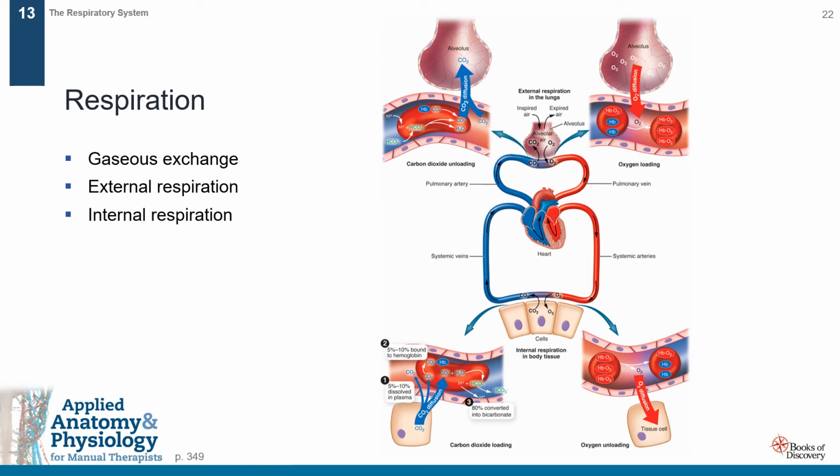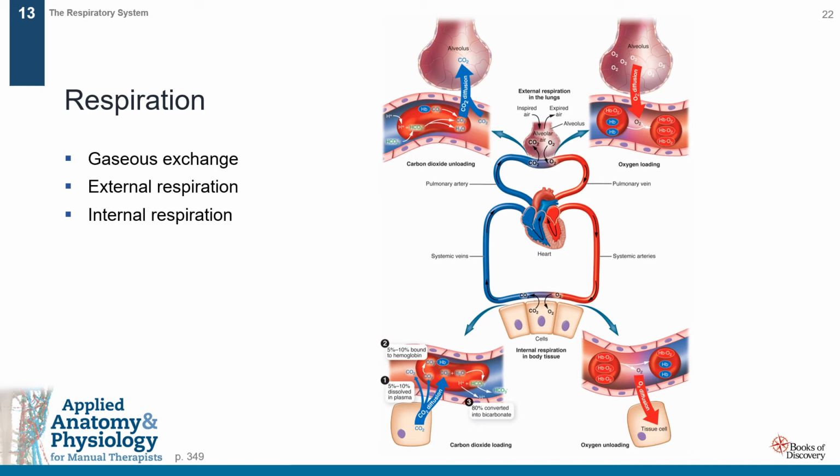So diffusion down the concentration gradient will move oxygen out of the alveoli and into the blood, where it binds with the Hb to create oxyhemoglobin. Simultaneously, carbon dioxide diffuses out of the blood and into the alveoli to be exhaled from the lungs.